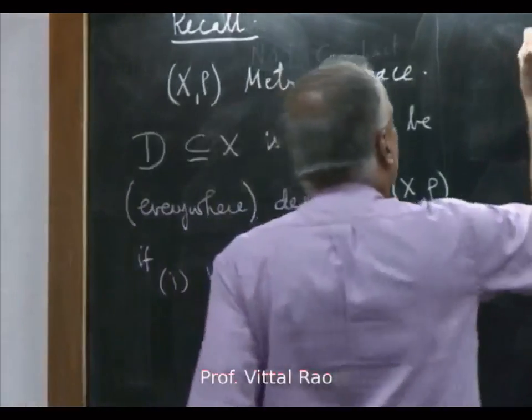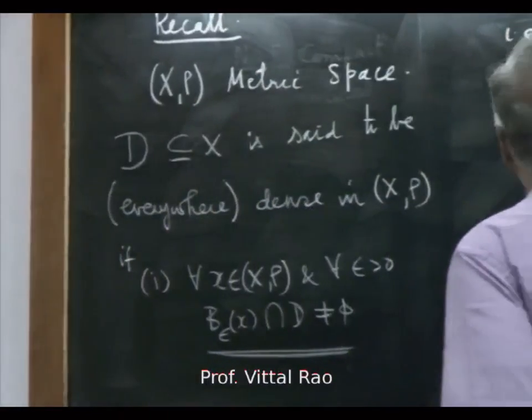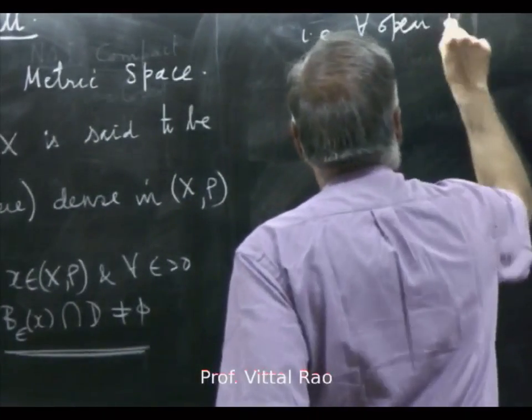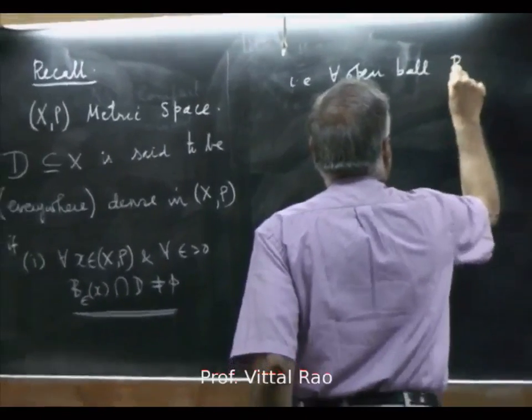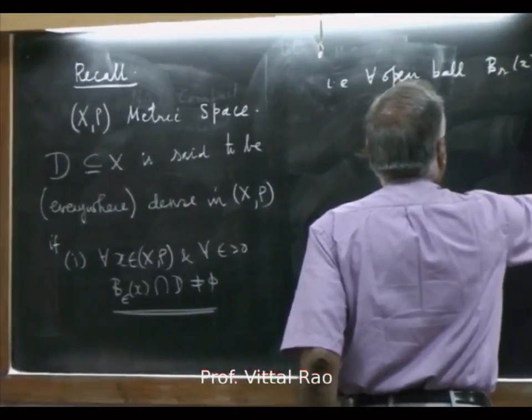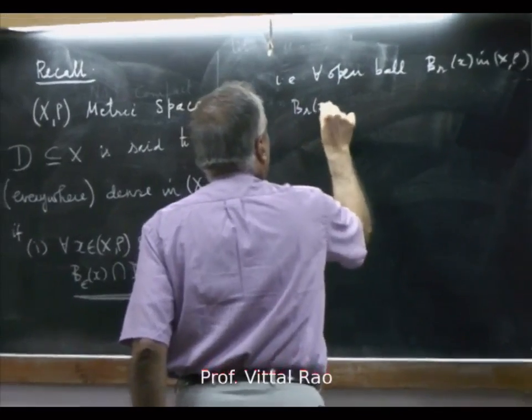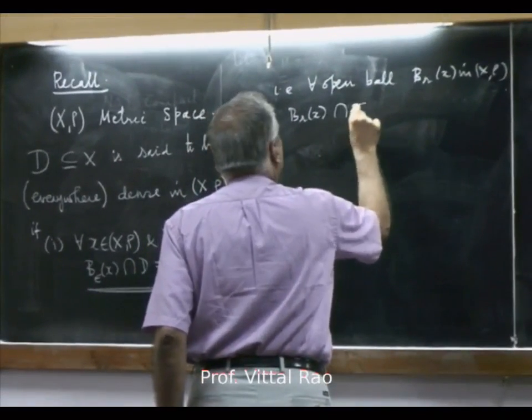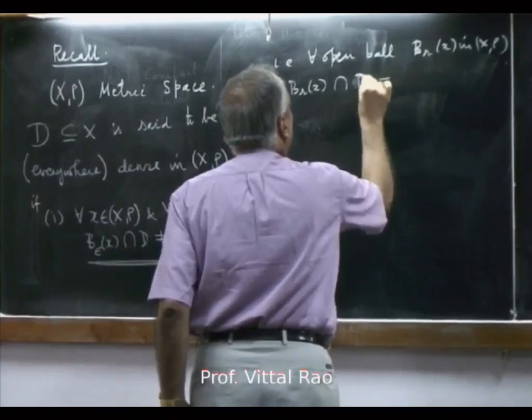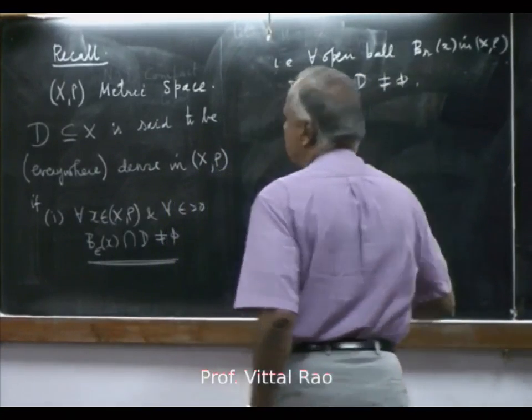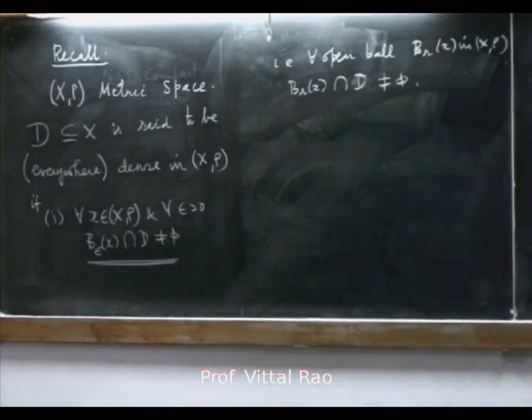That is, for every open ball B(r, x) in X, B(r, x) intersection D is non-empty. This is what is meant. Wherever you go, you will find those fellows. This is what dense means.